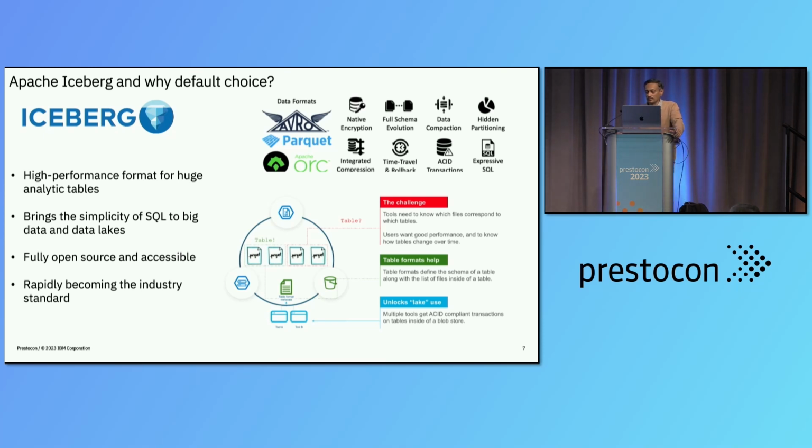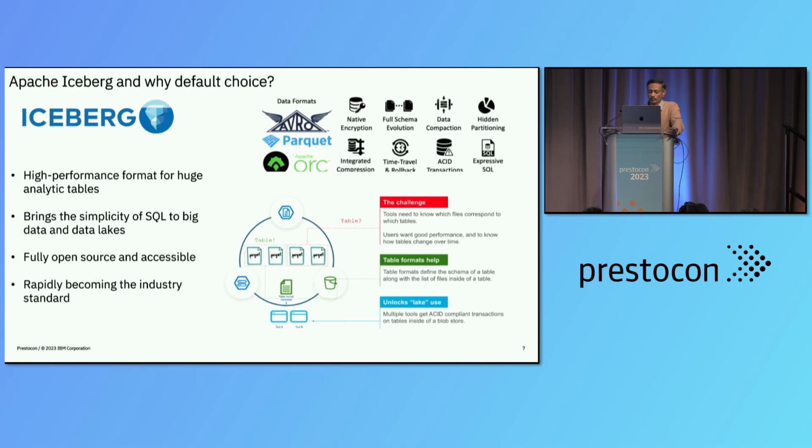On the right hand side, you see full schema evolution, native encryption, hidden partitioning. There are many features and components which have been widely used and adopted in the Iceberg community and spec.